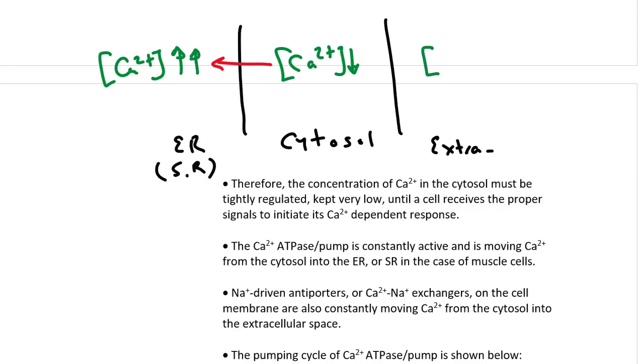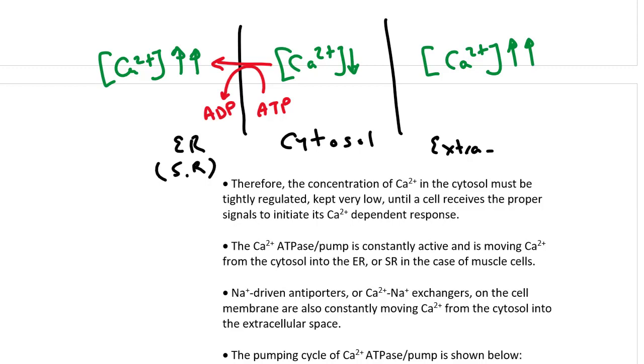And again, compared to the cytosolic concentration, extracellular concentration of calcium is much higher. It's a 4 log difference. This pump is also using an ATP because it's active transport. You're moving something against its gradient. So this is the calcium ATPase or calcium pump.